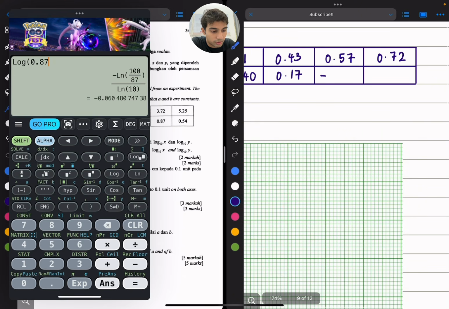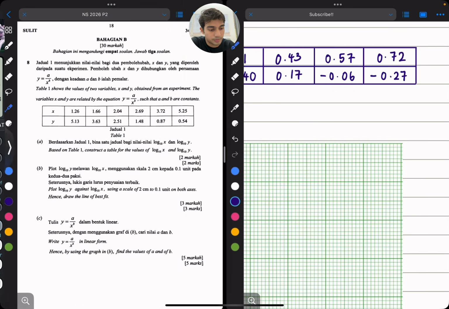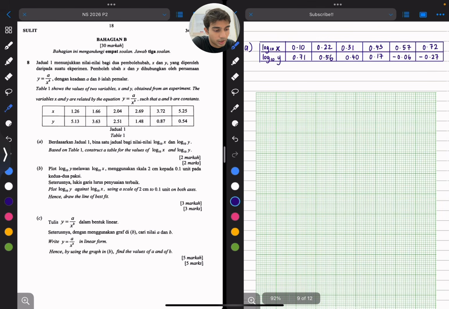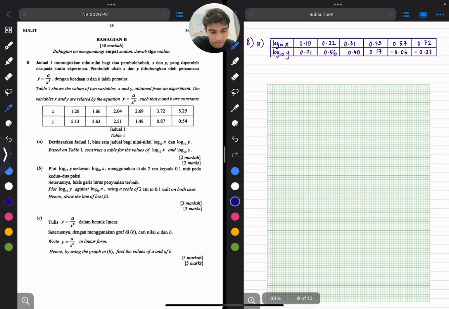Oh, here we get negative 0.06, 2 decimal places. Okay, don't forget. And then log 0.54, we get negative 0.27. Okay, so in this graph we have negative values as well. All right, okay, this one A is done.